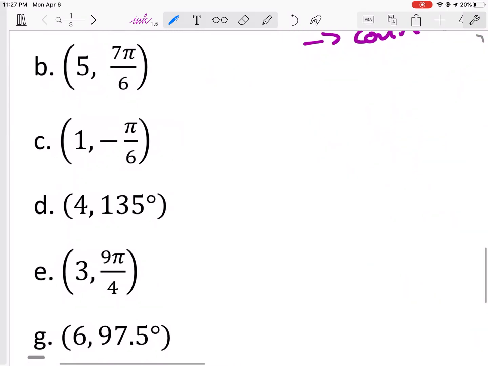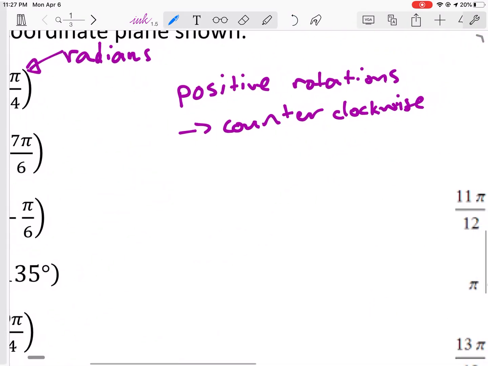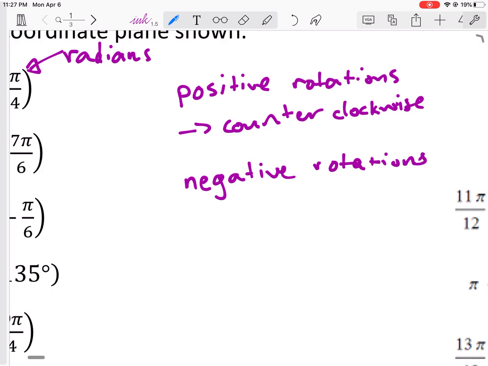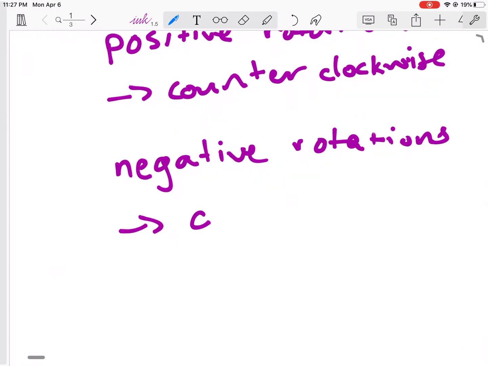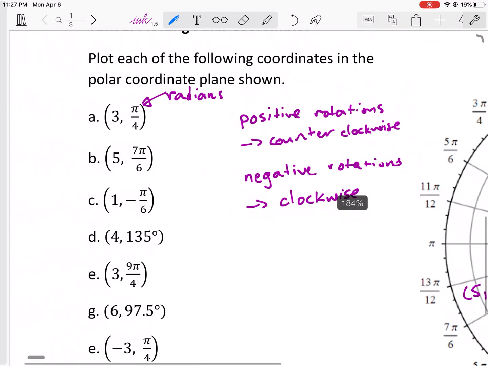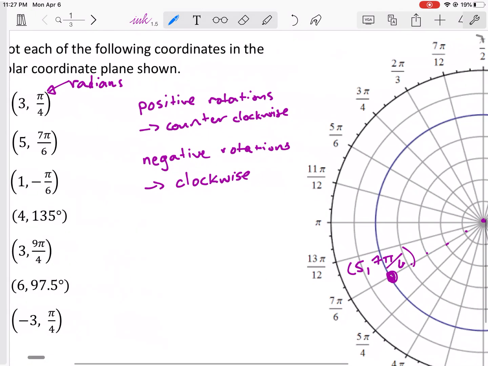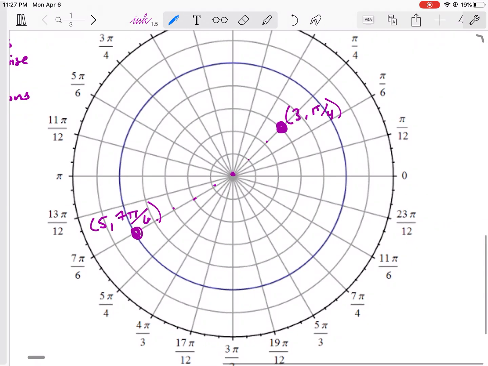All right, in this one, we have a negative angle. So that's a negative rotation. So if a positive rotation went counterclockwise, then obviously a negative rotation is the opposite. It's clockwise. We've seen that with the unit circle. So pi over 6, the positive direction was right here, so it was that angle.